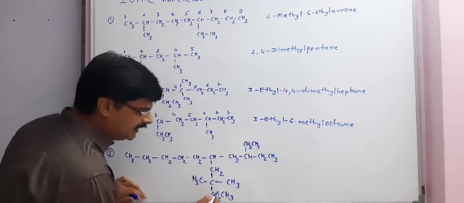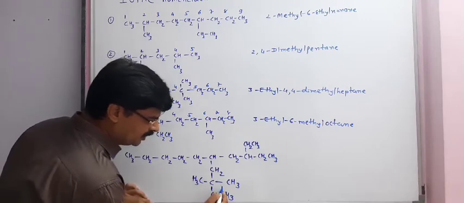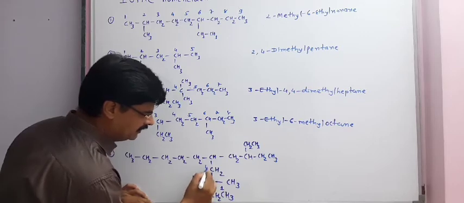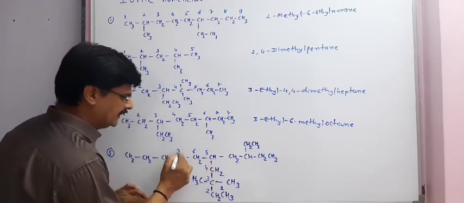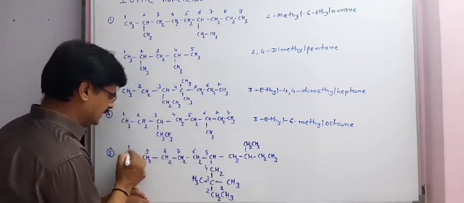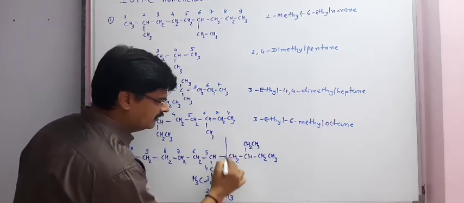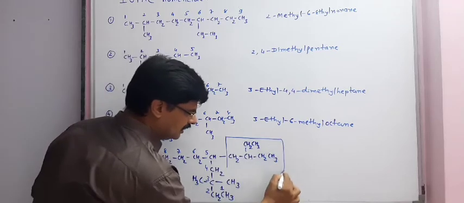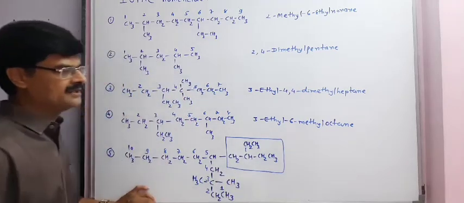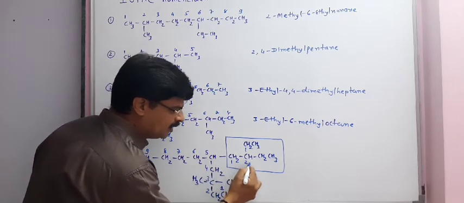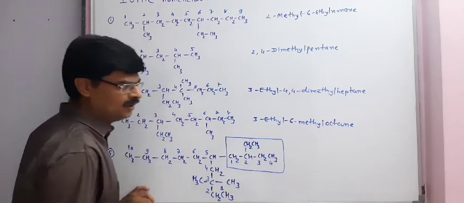But if we give number 1 to this carbon, then 2, 3, 4, 5, 6, 7, 8, 9 and 10. Then on the 5th number carbon, we will get another chain or another branch in which the maximum number of carbon atoms is 4.